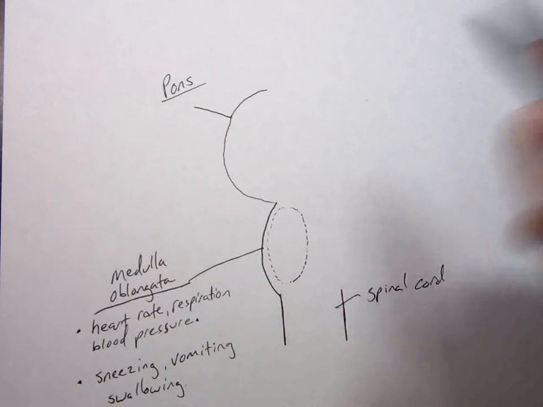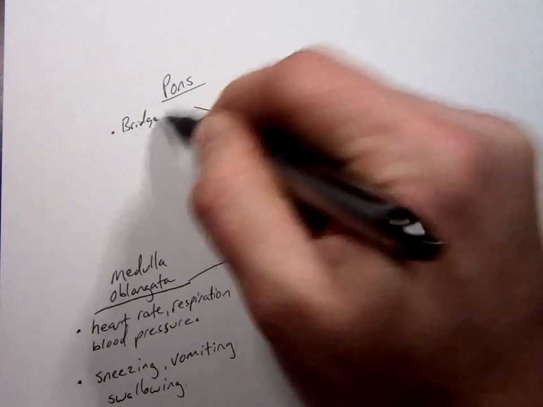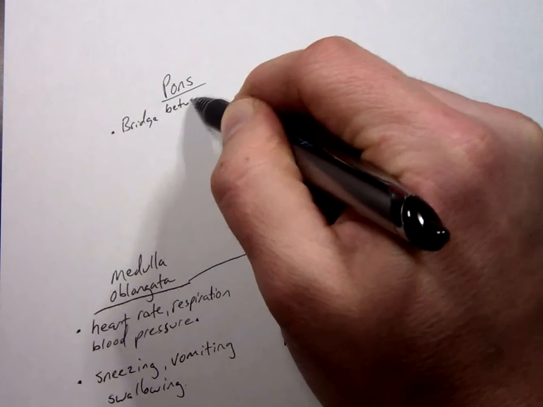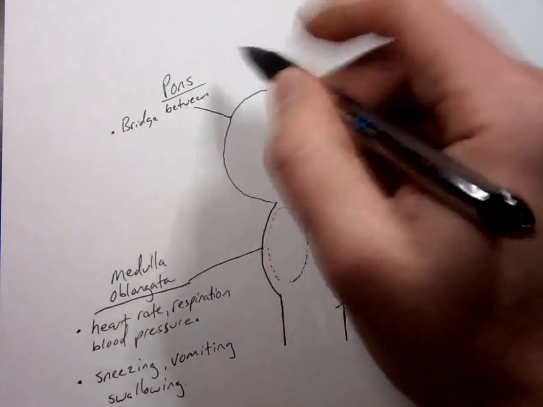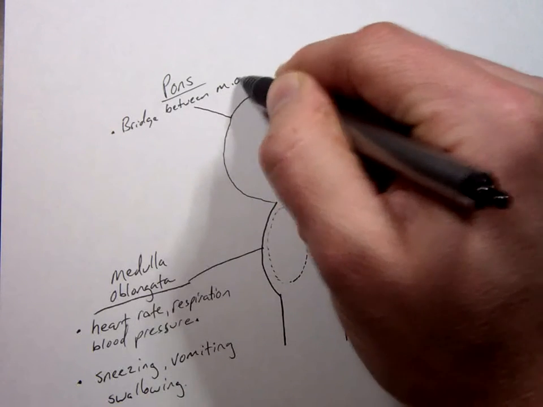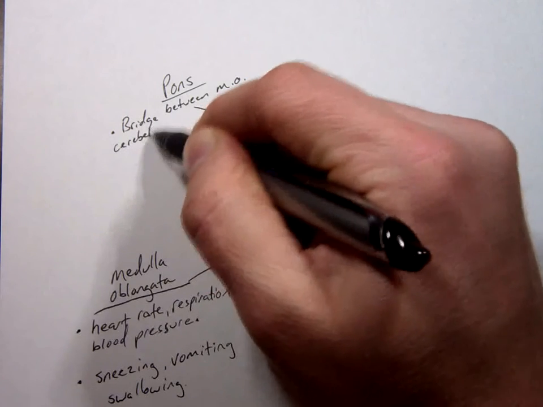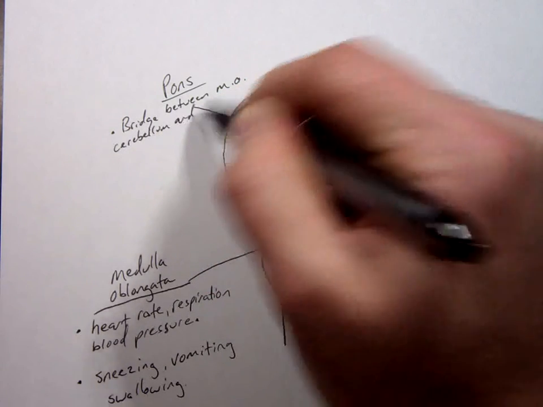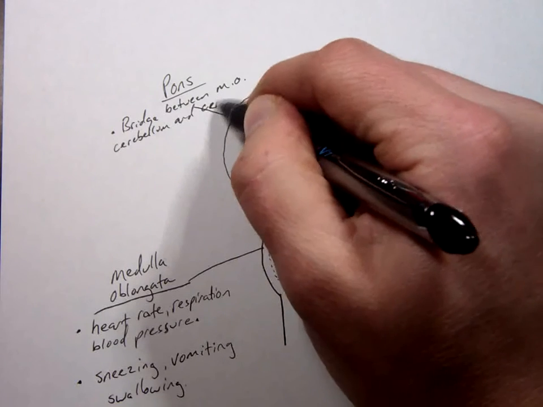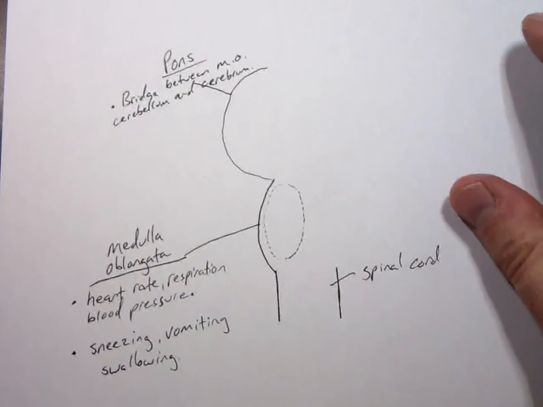Pons is the bridge between the medulla oblongata, cerebellum, and cerebrum, or basically the rest of the brain. So it connects those things.